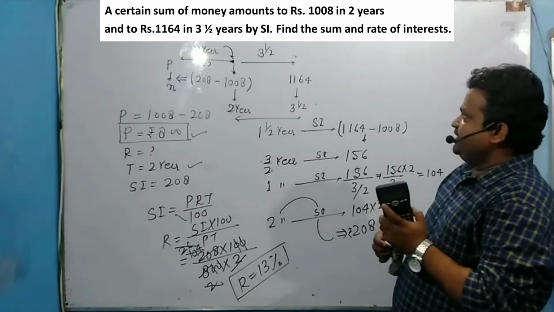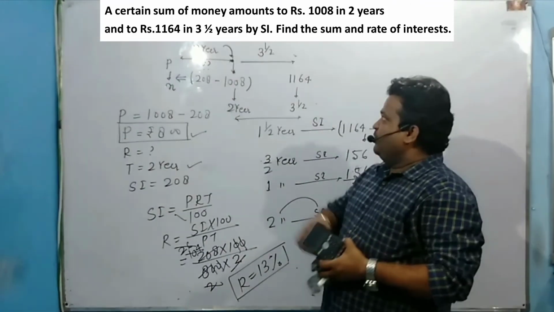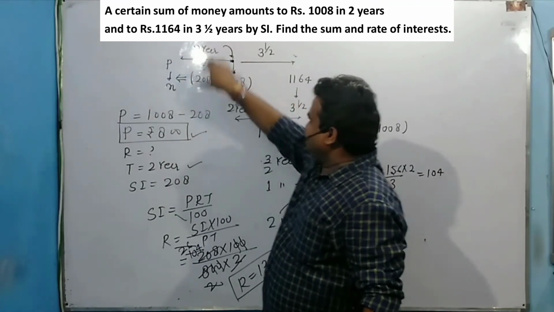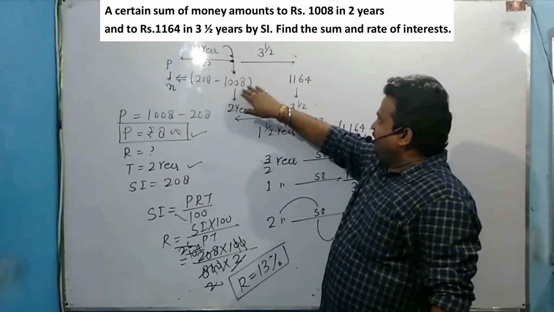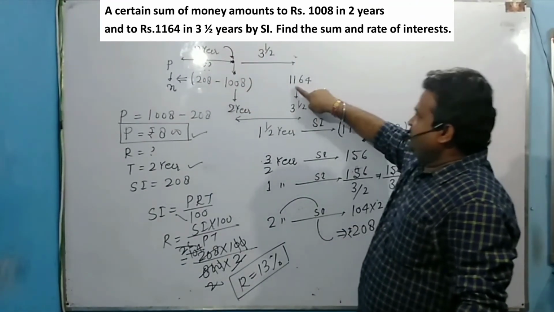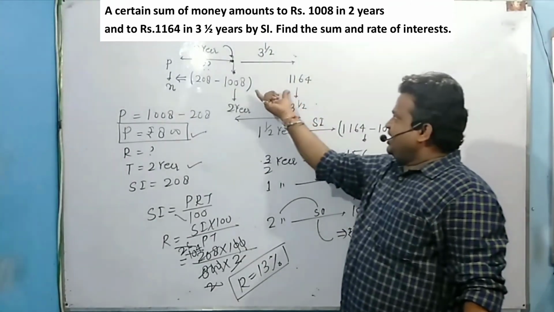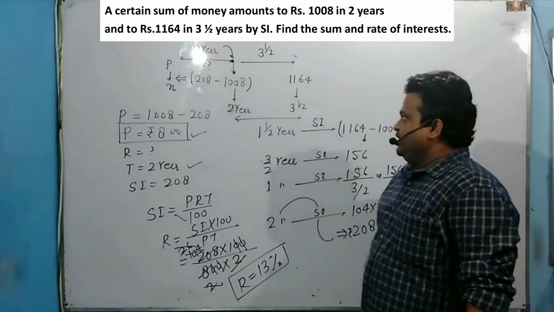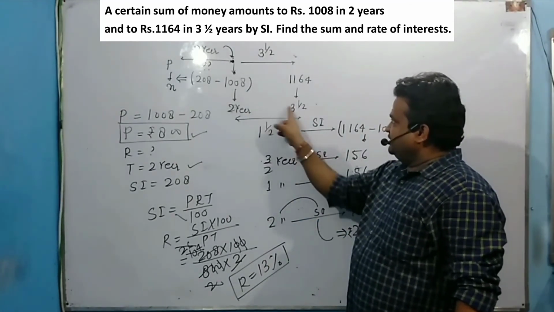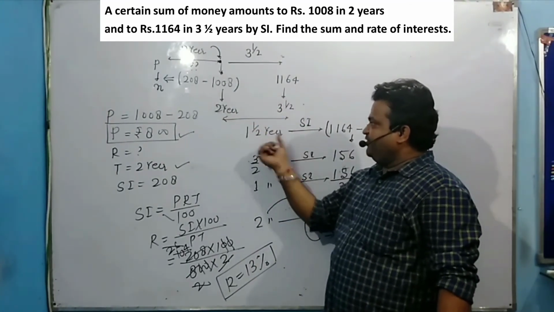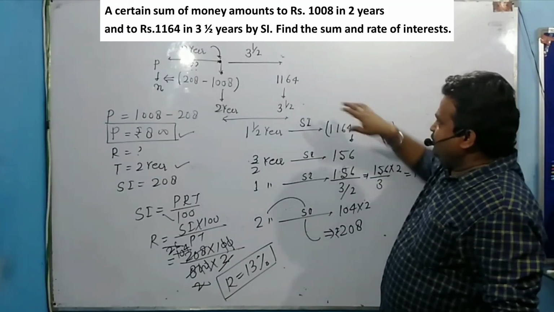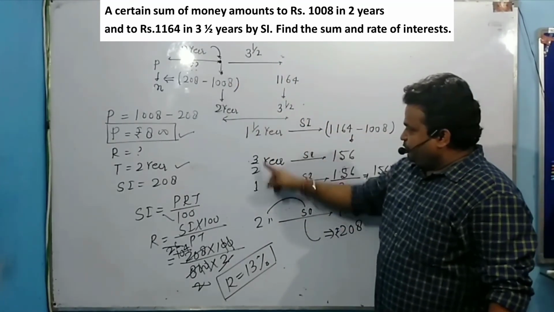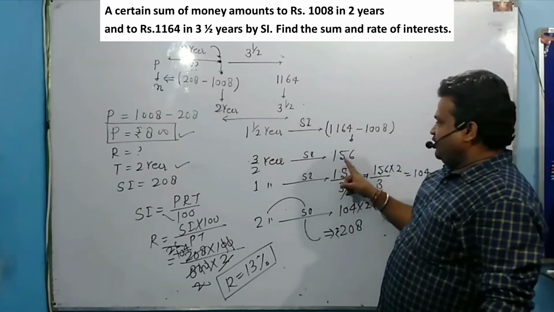I repeat again. क्या है इसमें दे के रखा है, बोल रहा है 2 साल बाद किसी प्रिंसिपल अमाउंट का अमाउंट 1008 है, which after 3.5 years becomes 1164. So first I calculate my simple interest between these two periods. In 1.5 years, the simple interest is 1164 minus 1008, which is 156.